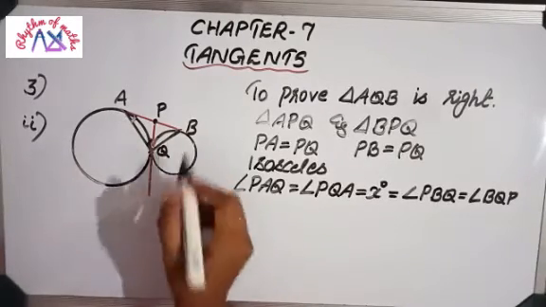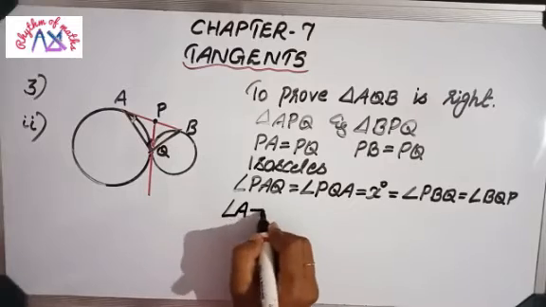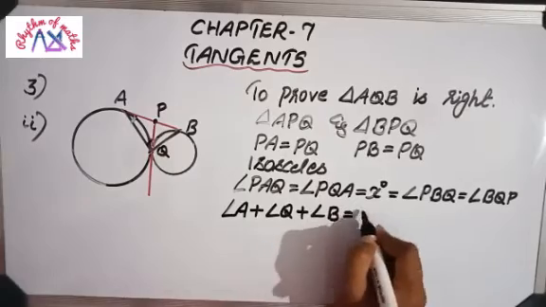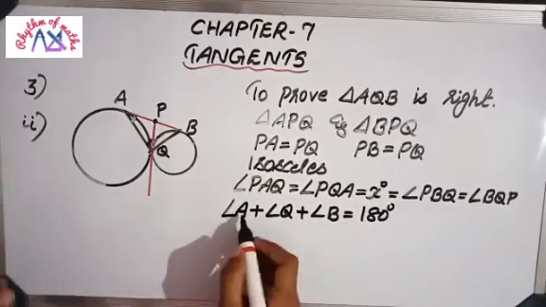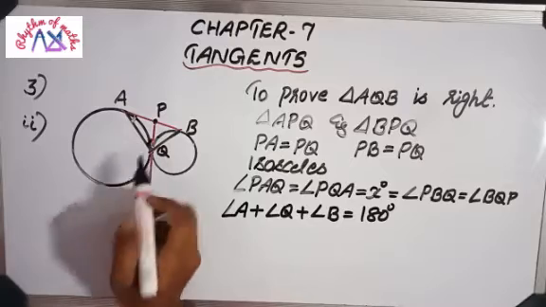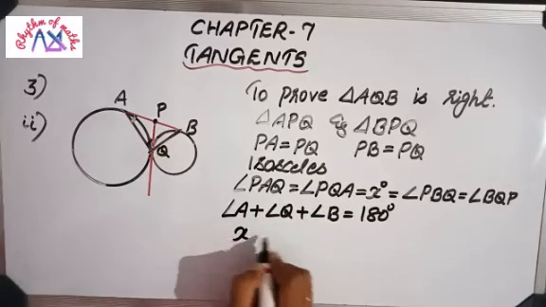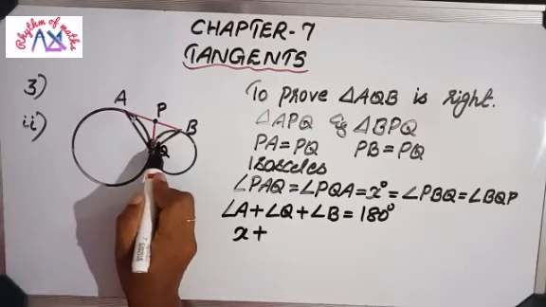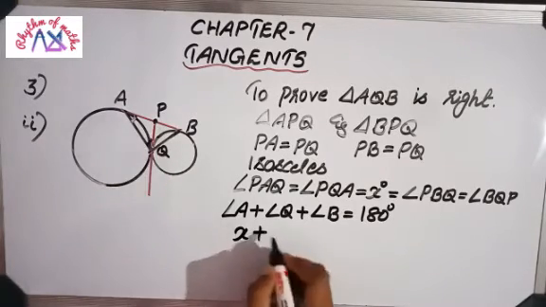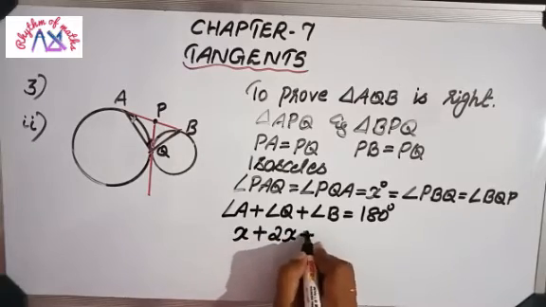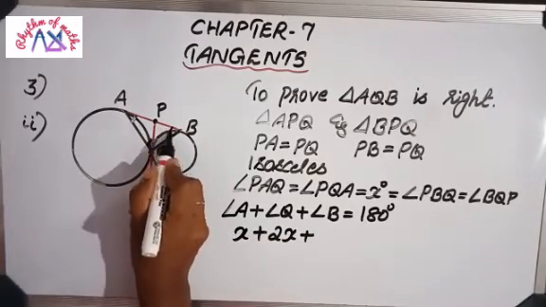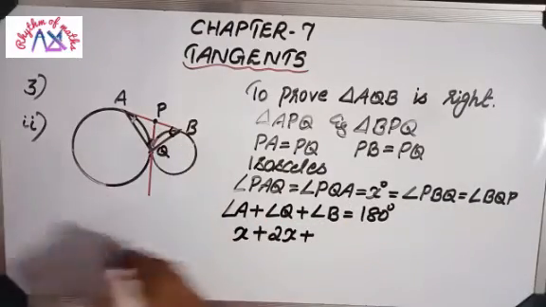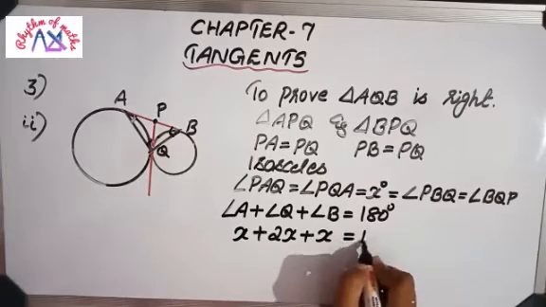So for the triangle AQB, angle A plus angle Q plus angle B equal to 180 degrees. Angle A means angle PAQ, that we already got x degree, plus angle Q means here x, here x, total 2x in between there. First part x, second part also x. So total 2x plus angle B, that means PBQ, that also x degree.